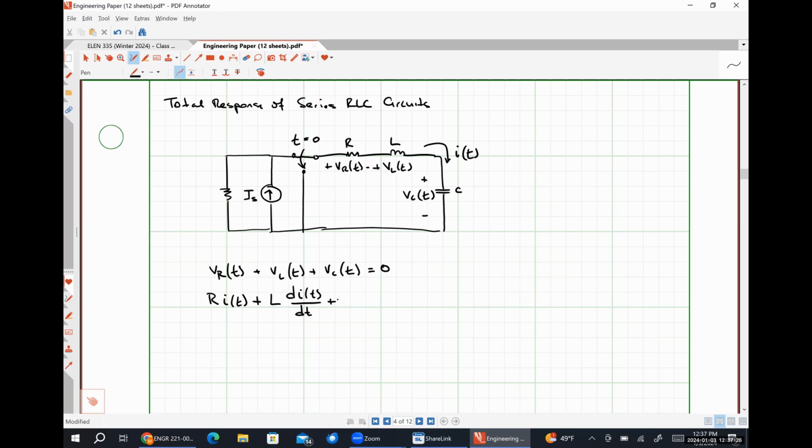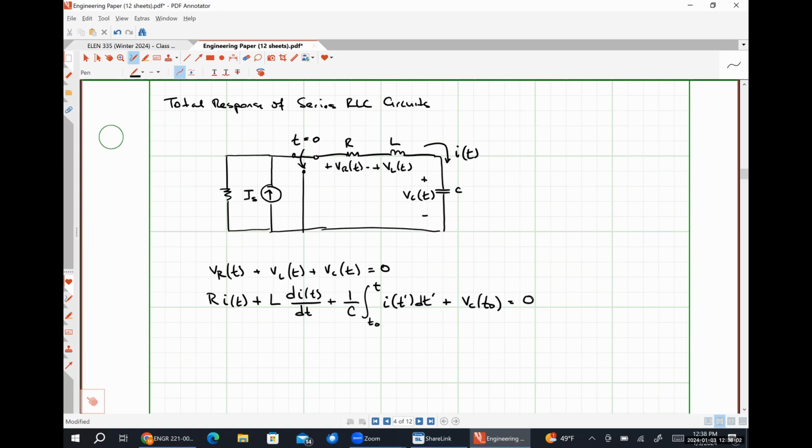And then the voltage drop across the capacitor is going to be 1 over C times the integral of the current, plus some initial condition on the capacitor voltage. And I have an integral differential equation, which I fundamentally don't care for. So once again, I will take the derivative of both sides, giving me a second order differential equation.